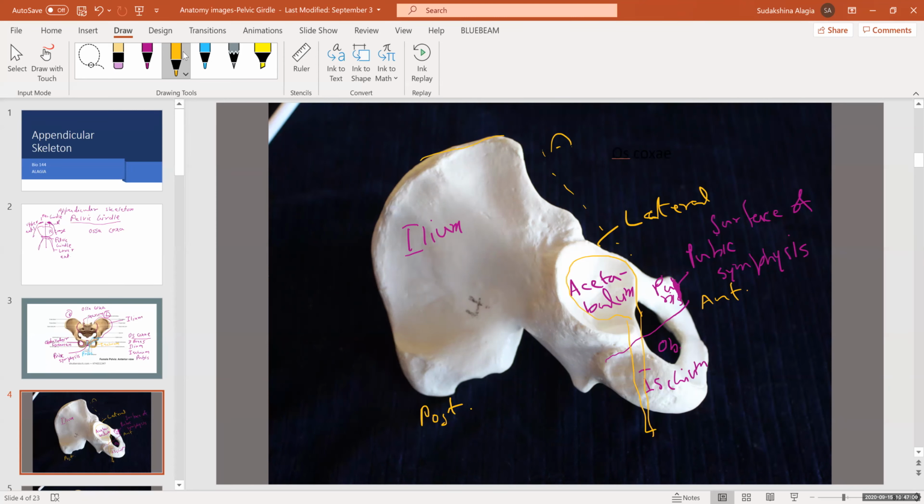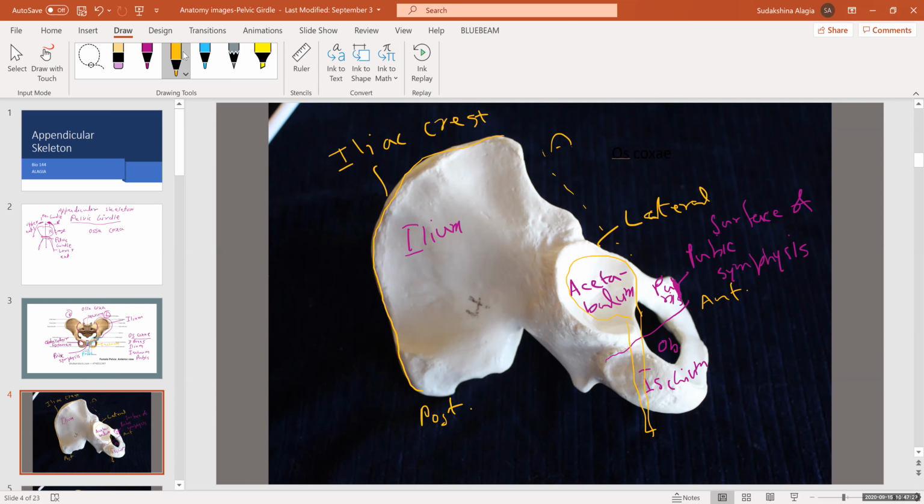Iliac crest is this border, this ridge here. Then anterior superior and posterior superior iliac spine.